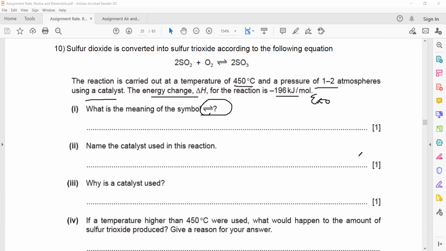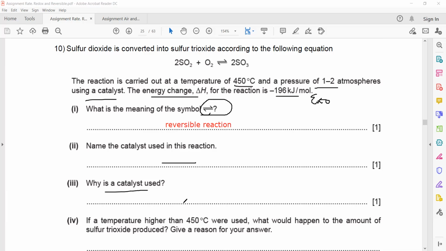It is a reversible reaction. Name a catalyst used: we will do that in the sulfur chapter, so I'm leaving that. We will discuss this part in the sulfur chapter.